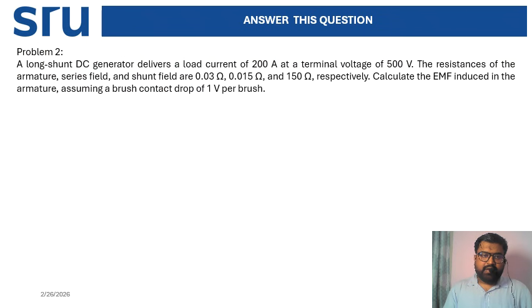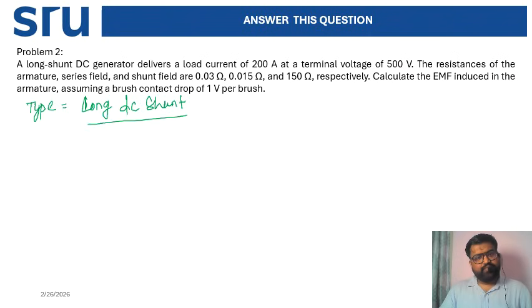Now this is the second question. In this second question, you just see, first you write down the types and the parameters. In problem number 2, you see the type. The type is already written as DC long shunt generator.